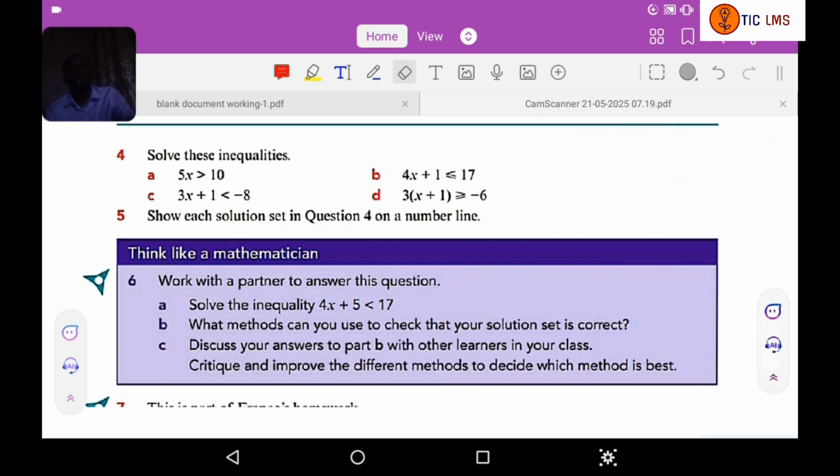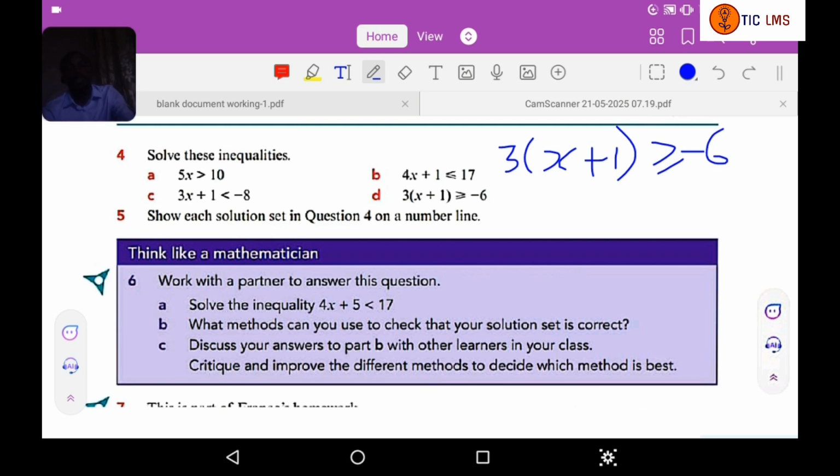Alright, move on to 4D. So for 4D, we have 3 into bracket x plus 1 greater than or equal to negative 6. Now, what's the first step here? Our first step is to simplify what we have on the left hand side. And to do that, we're going to open the brackets.